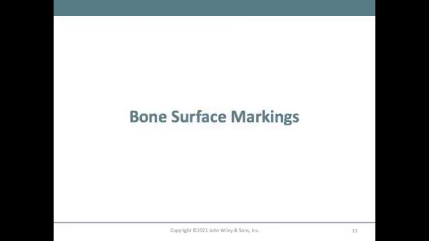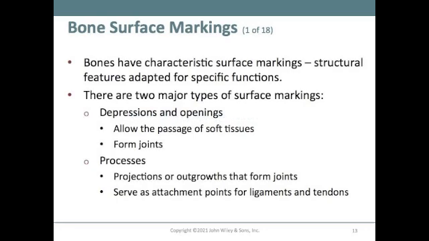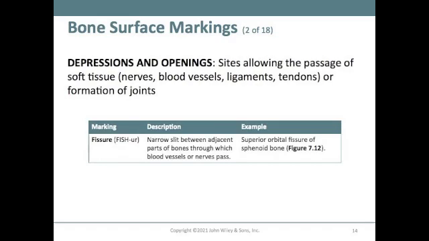Surface markings of bones. Bones have characteristic surface markings, structural features adapted for specific functions. There are two major types of surface markings: depressions and openings, which allow the passage of soft tissue and help to form joints, and processes, which are projections or outgrowths that form joints and also serve as attachment points for ligaments and tendons.